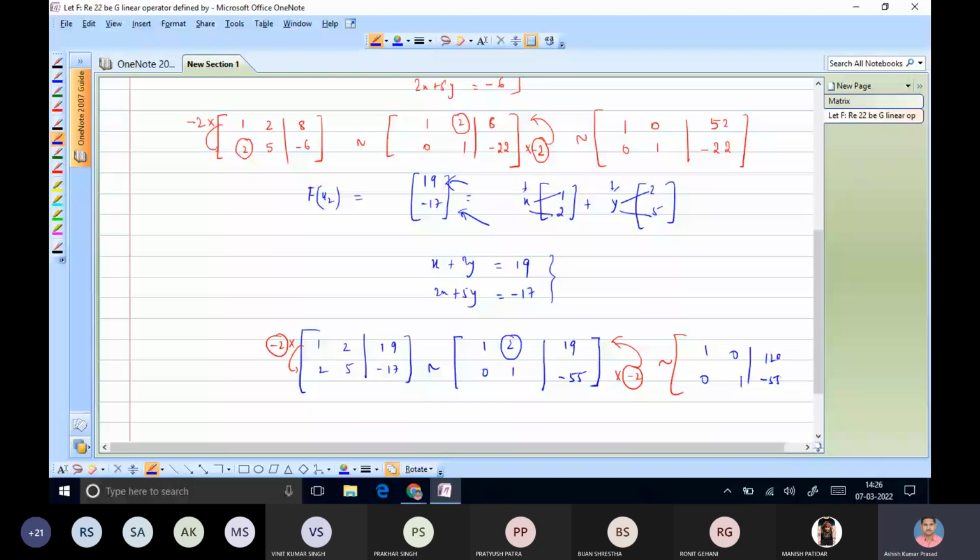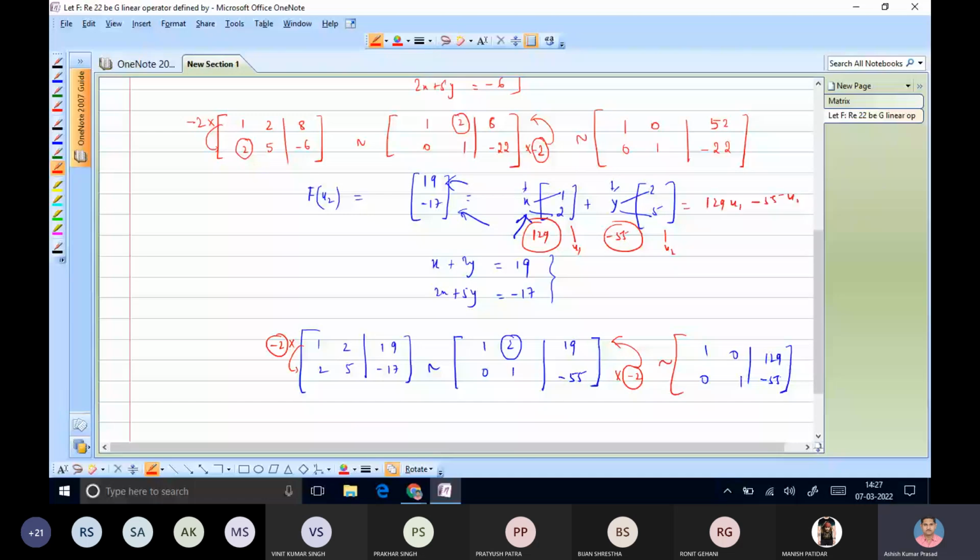So I got my x. x is equal to 129, and my y is minus 55. And this is u1 and this is u2. So I write 129 u1 minus 55 u2. So I write all the coefficients.